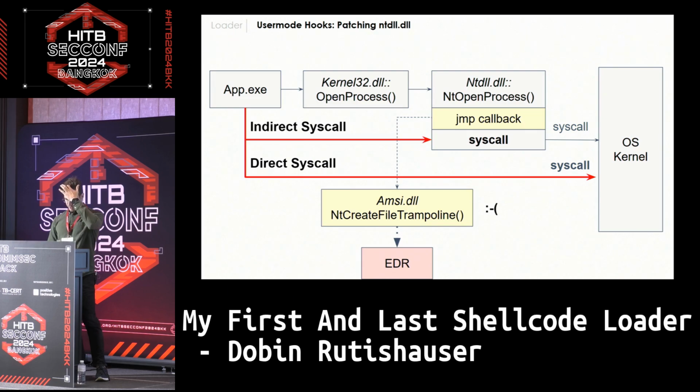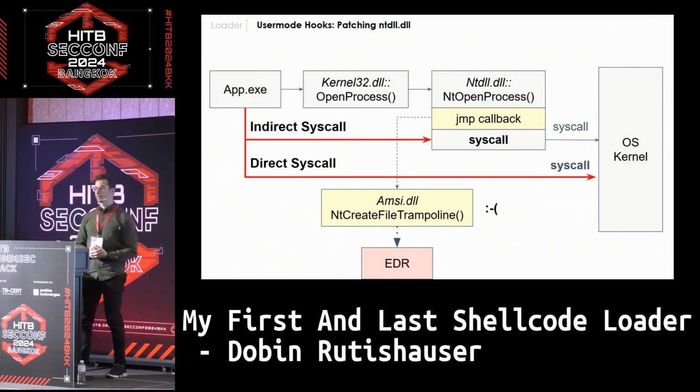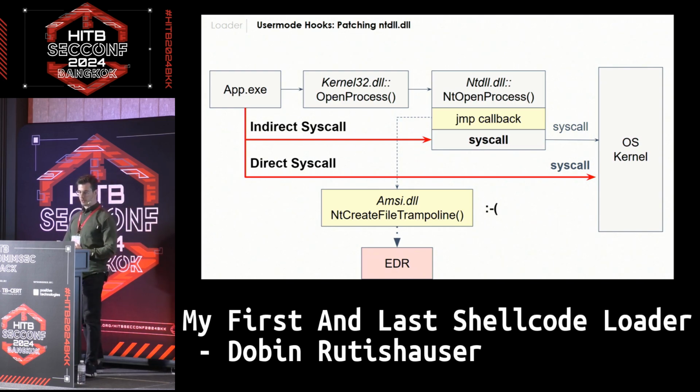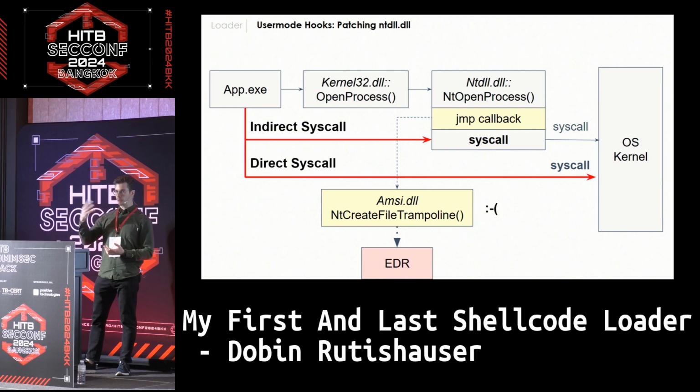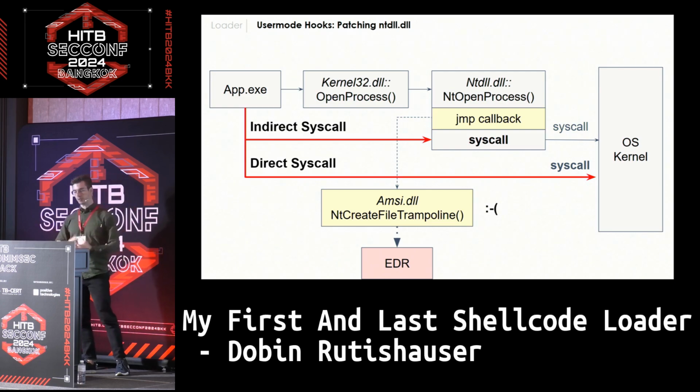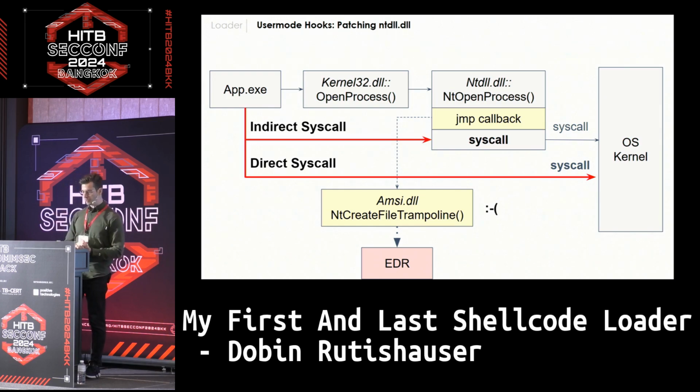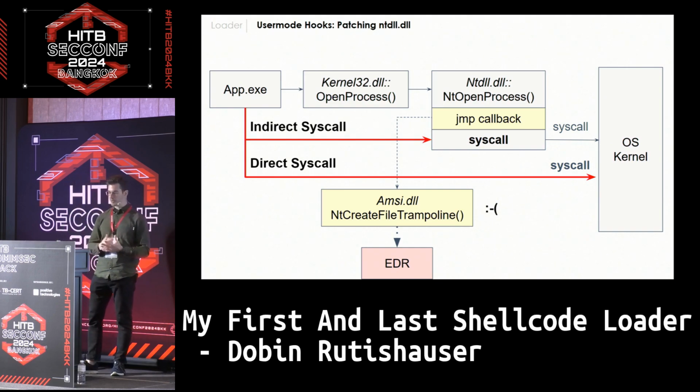To do this, often people use direct or indirect system calls. A direct system call is just issuing the system call by yourself, not using ntdll. This usually requires you to extract the system call numbers from ntdll or get them some other way, and then just issue the system call from your text section. The call stack, when you do this, will look very obviously malicious. So people started doing indirect system calls.